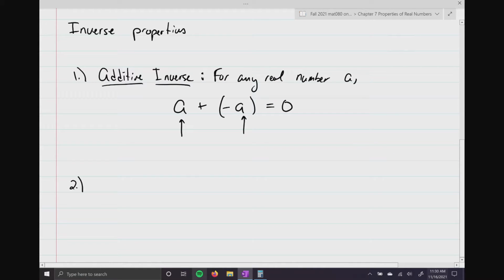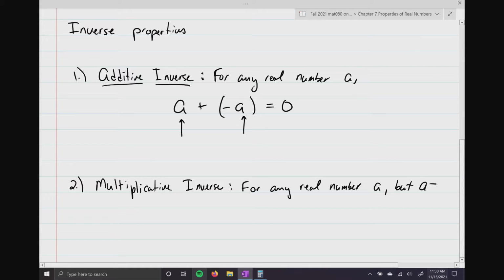Now, the multiplicative inverse is a little bit different. It starts off the same way. For any real number A, but A is not allowed to equal 0.